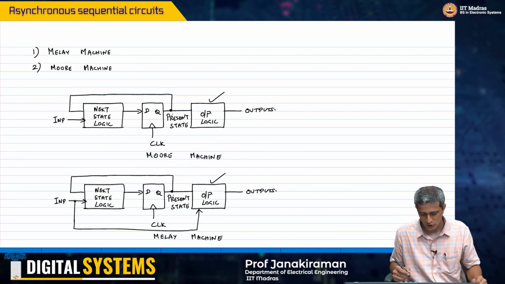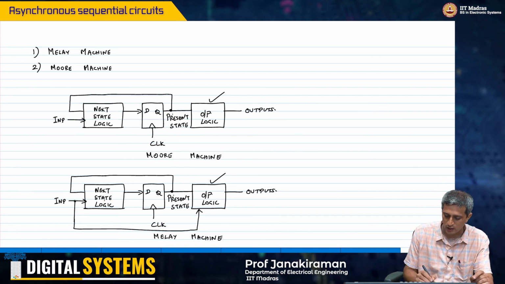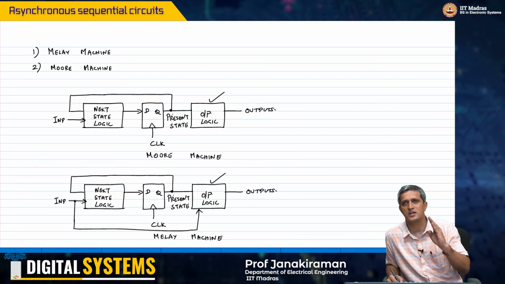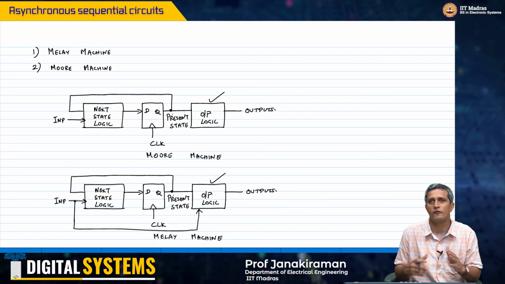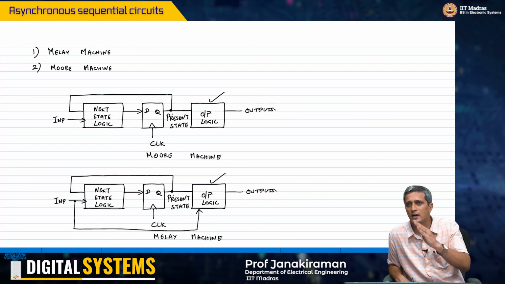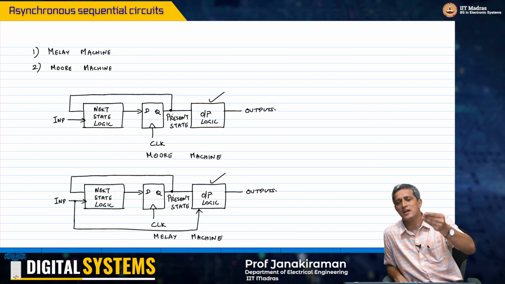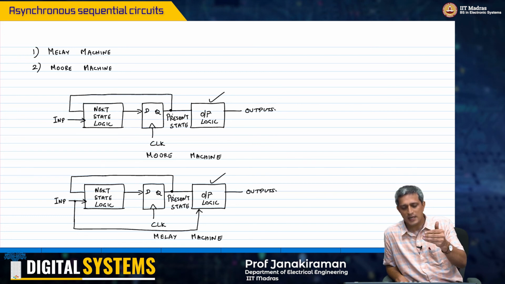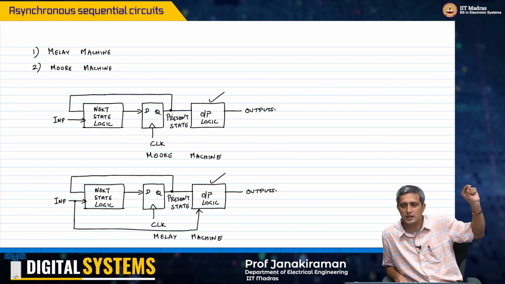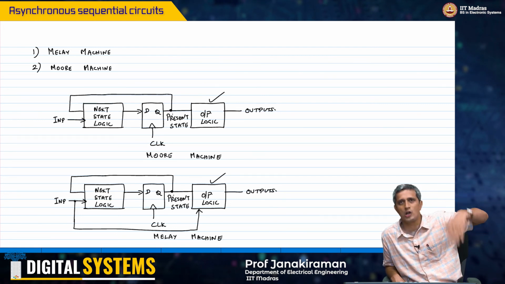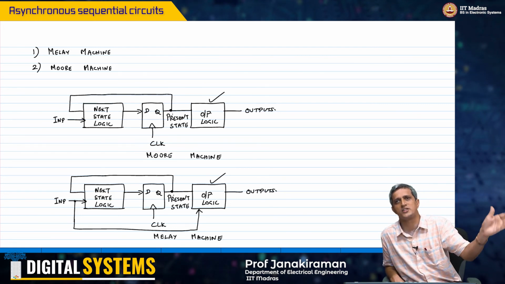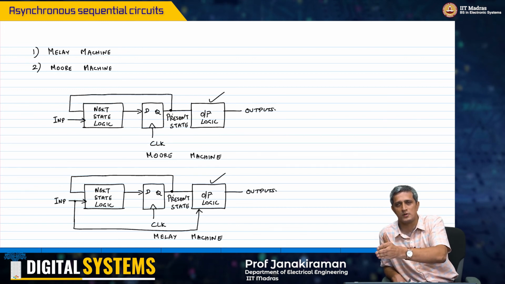So for example, I could consider the idea of a reset, right? Now the reset can be done in different ways. You can have an asynchronous reset and a synchronous reset. If it is done in a Moore machine way, then the reset will be done on the next state logic, where you basically just make all the states 0 and then on the clock edge the 0 just comes at the output, right?